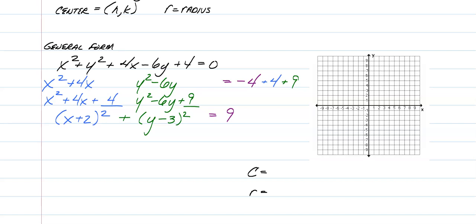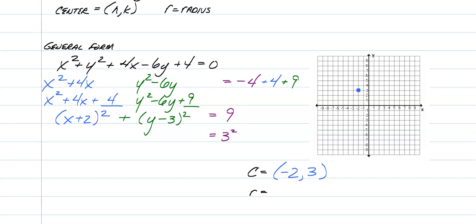Your center is the opposite of the insides, so h and k. So we have negative 2, comma, positive 3. We're just going to go to negative 2, positive 3, and put a dot. That's your center. Now, your equation says it's equal to r squared. If you would prefer, you can write 9 as 3 squared.